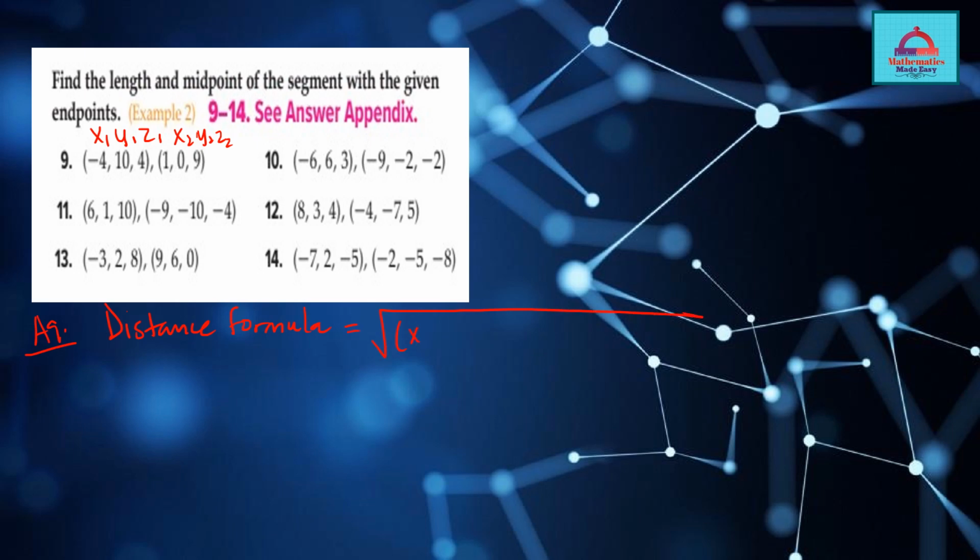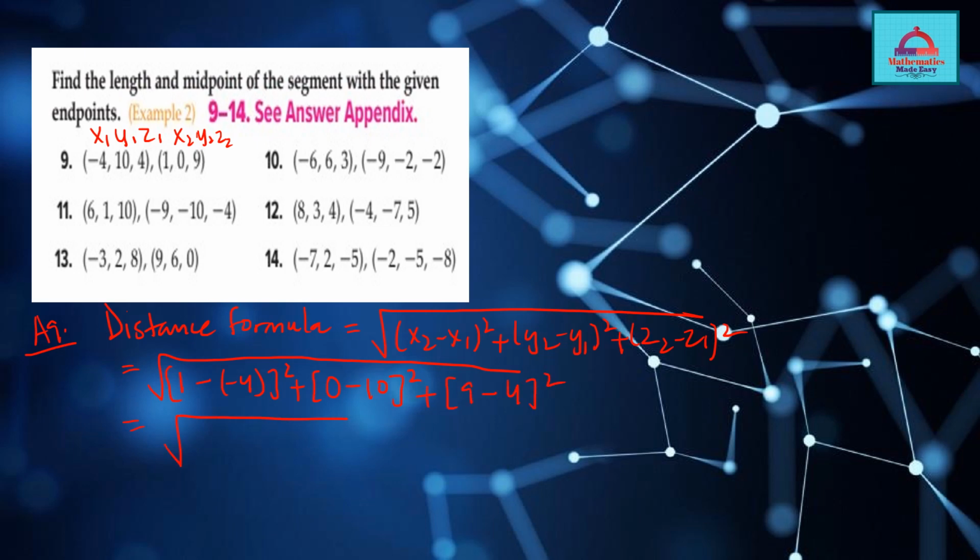And for the distance formula, we'll take the square root of the sum of squared differences. So let's plug in the values. X2 is 1, x1 is minus 4, then y2 is 0, y1 is 10, then this is 9 minus 4 squared.